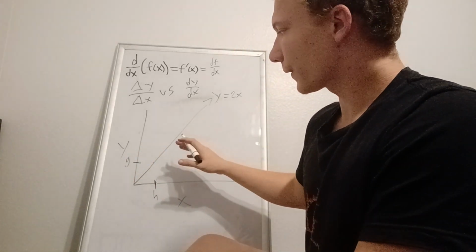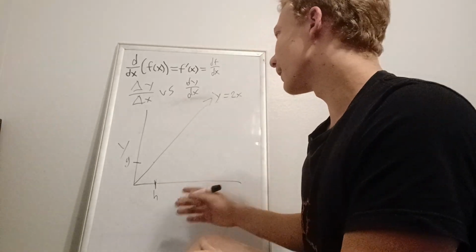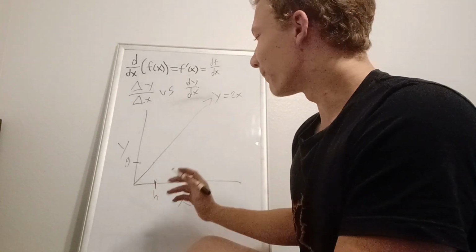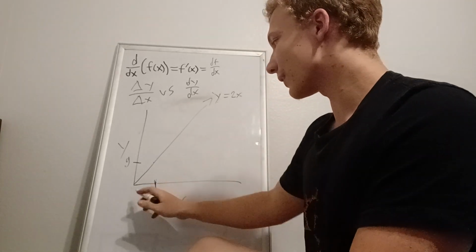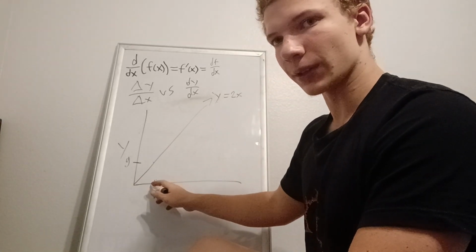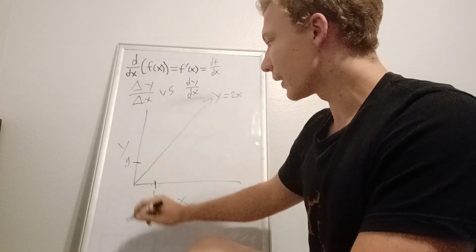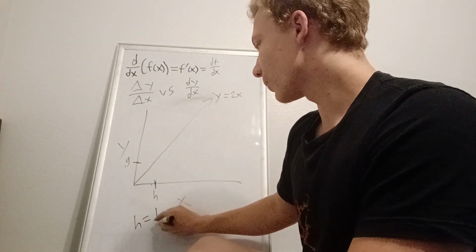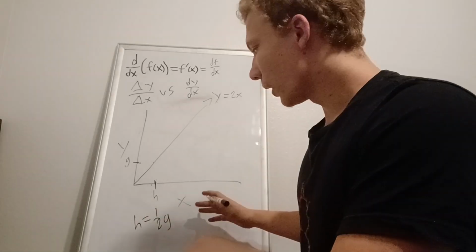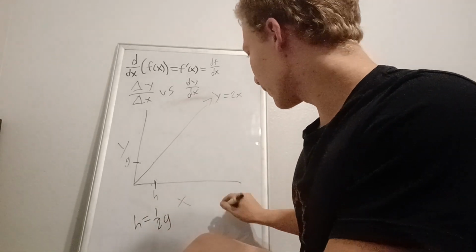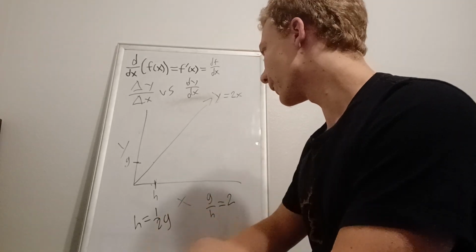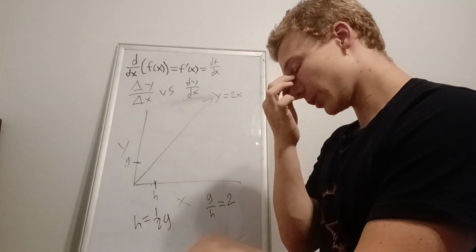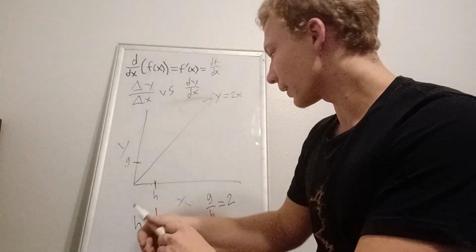I drew this poorly, but h is going to be 1/2 of g, because x is always going to get doubled to get to y. So h equals 1/2 g. Or, with a little bit of algebra, g over h equals 2. Okay, so g over h equals 2, that's simple enough.